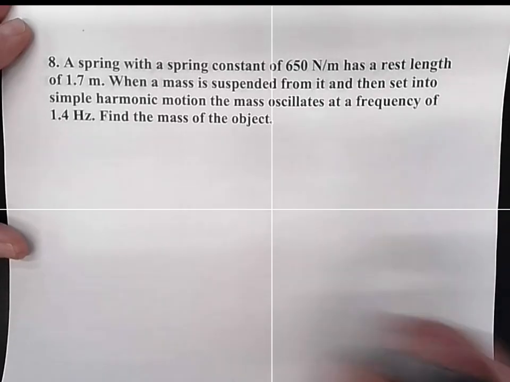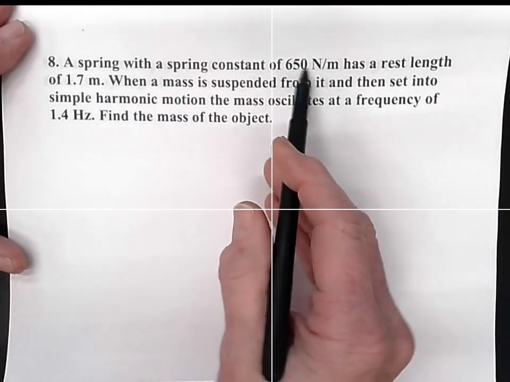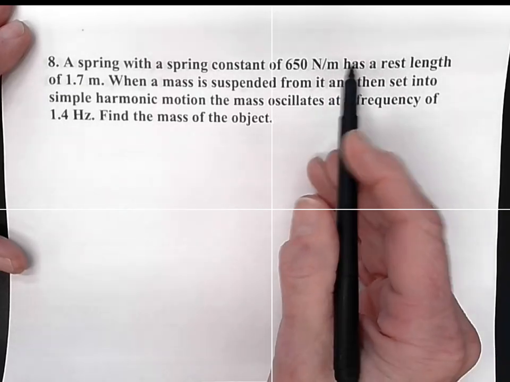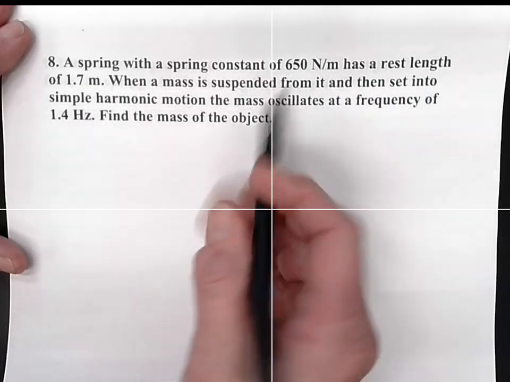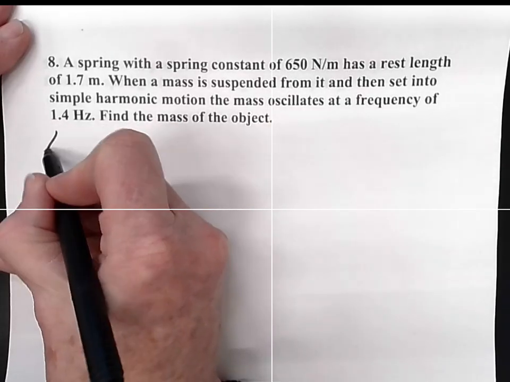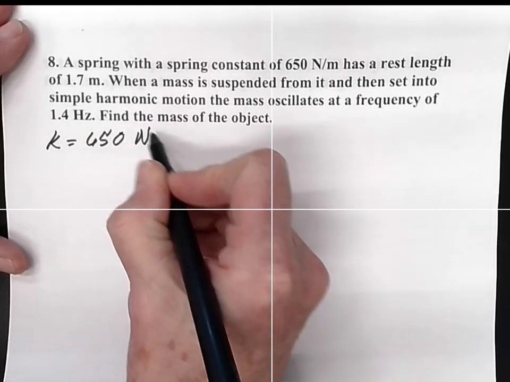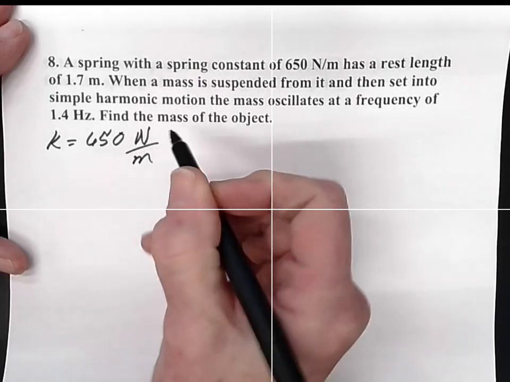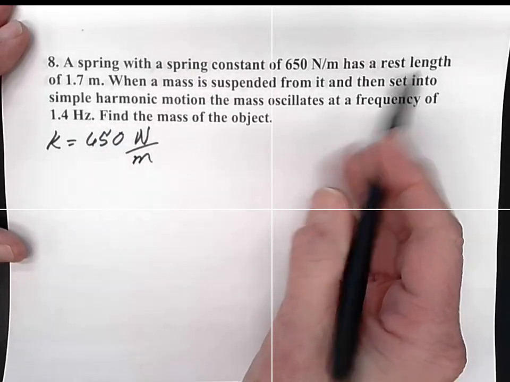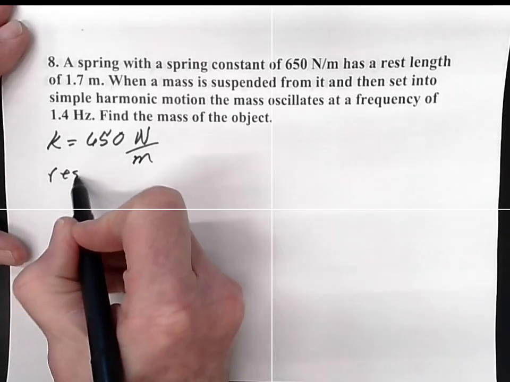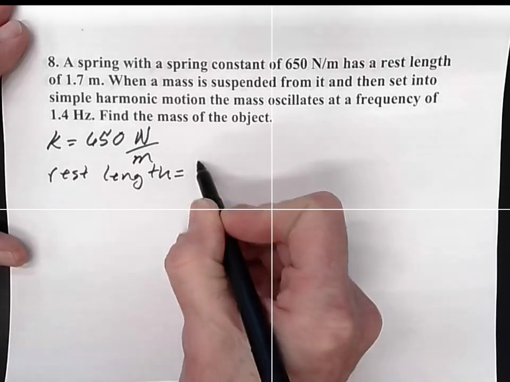In number 8, they give you some information. They say a spring with a spring constant of 650 newtons divided by meters has a rest length of 1.7 meters. So first of all, K is going to be 650 newtons divided by meters, and then the rest length is equal to 1.7 meters.